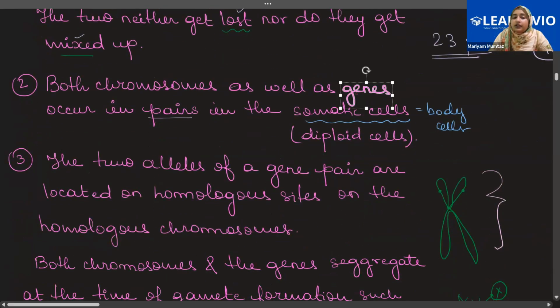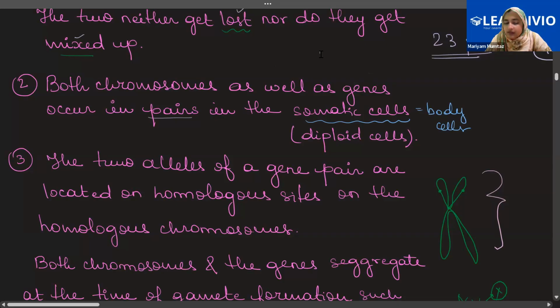Now, both the chromosomes as well as the genes occur in pairs in the somatic cells. So in the case of the body cells, they are present in a pair, meaning two sets. That is what we call diploid. One comes from each parent.